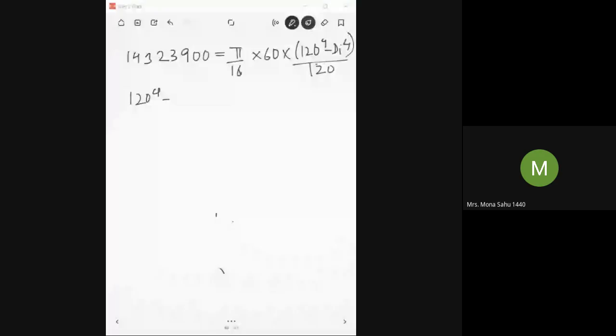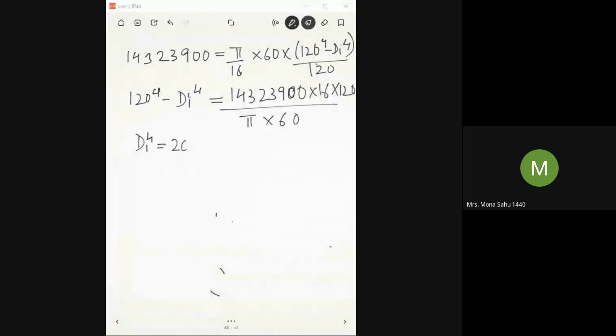di power 4 equal to around, okay, multiplied by 120. So this I'll just cut. 20786 minus 145,902.00.